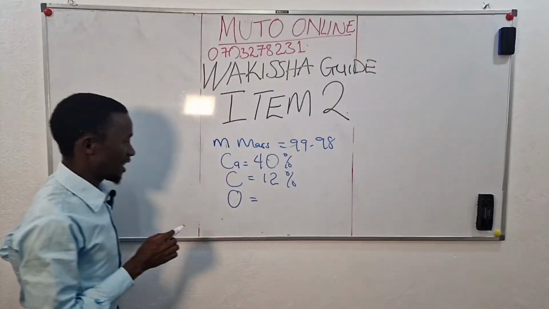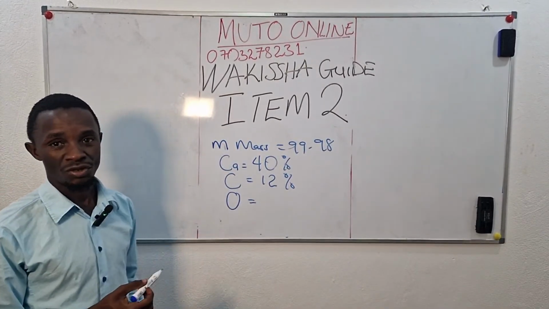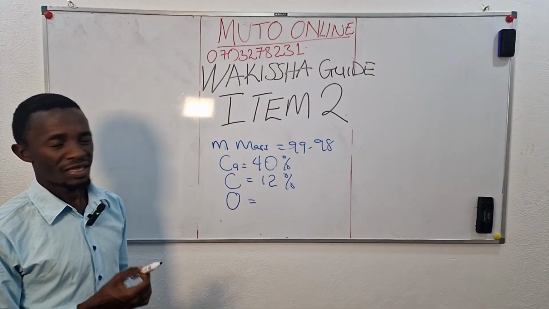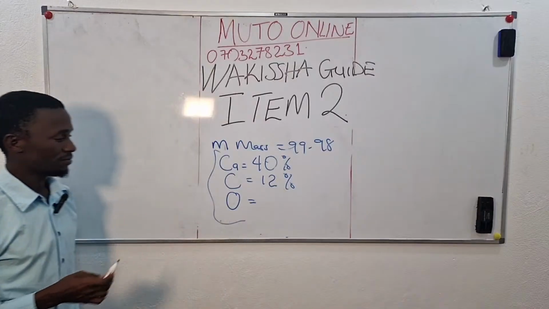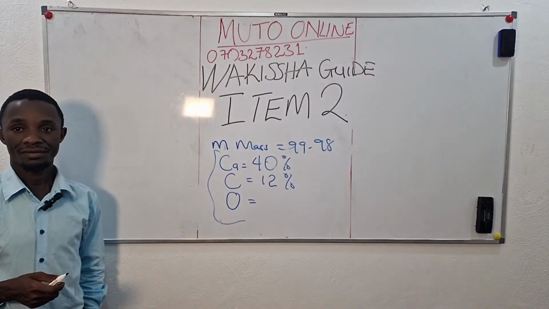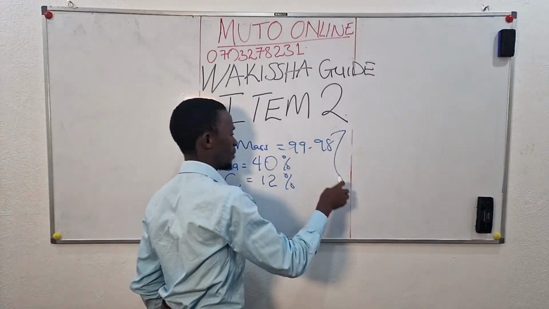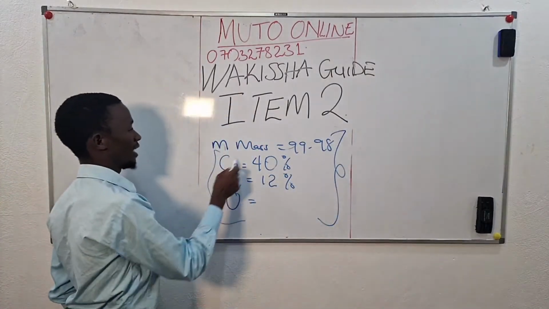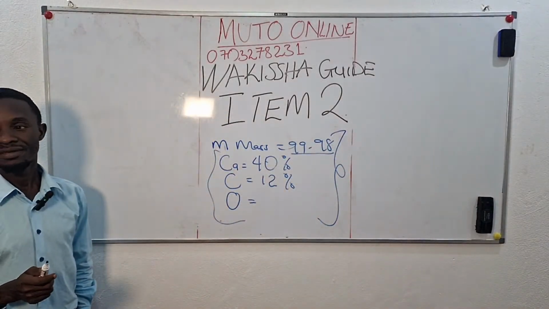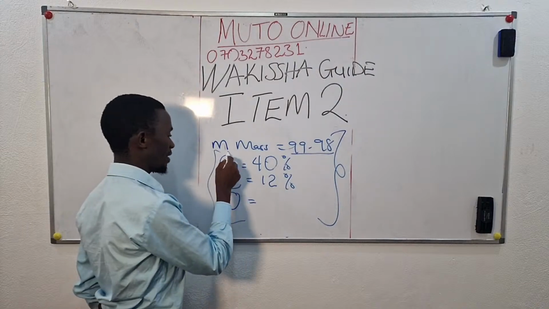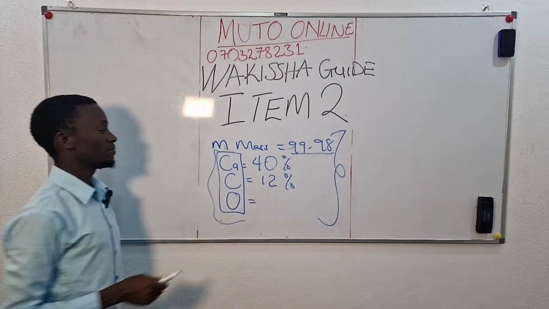So they are telling us that they have the substance they use in a fire extinguisher, and that this substance has a molecular mass. It is made up of 3 elements, that is carbon, calcium, and oxygen.